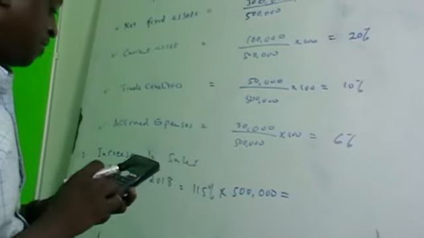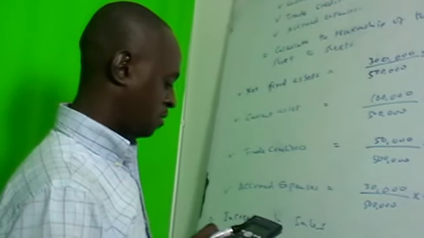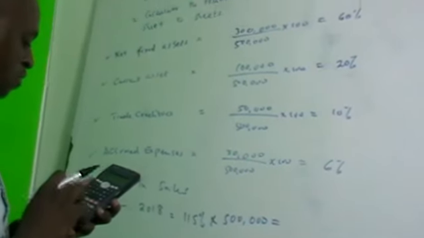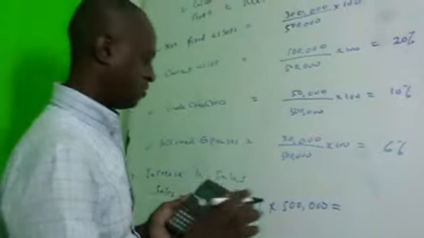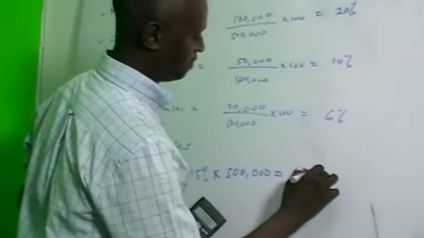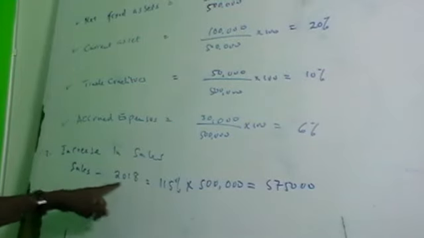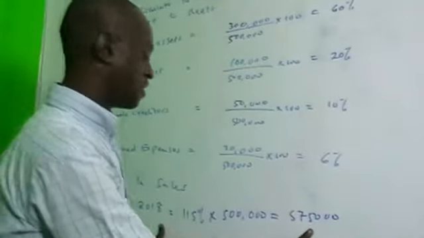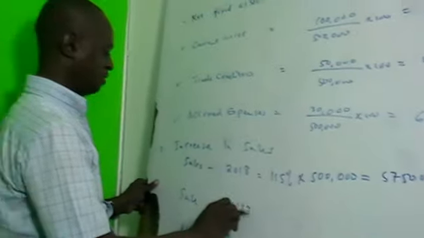So this is 115% times 500,000, which is 1.15 times 500,000. That gives you 575,000. This means that sales for the year 2018 will be shillings 575,000.